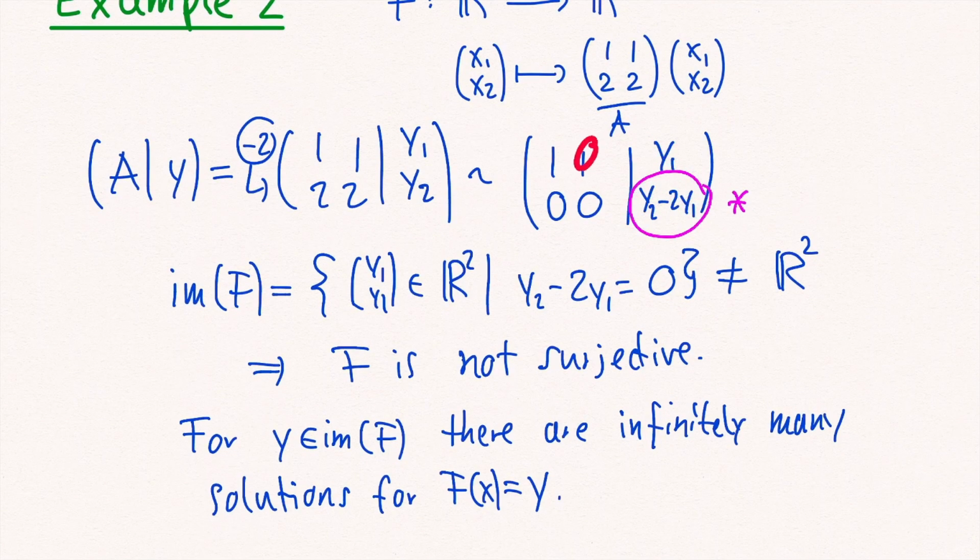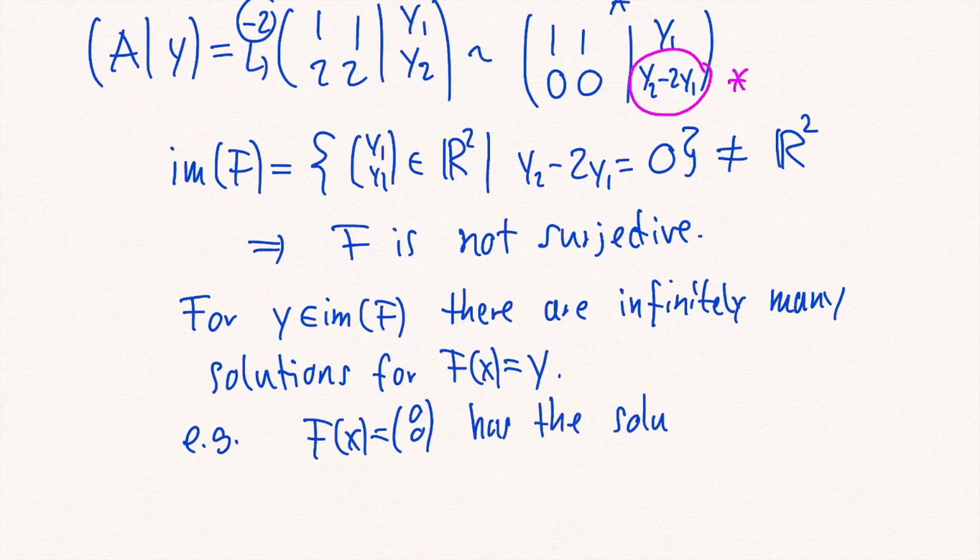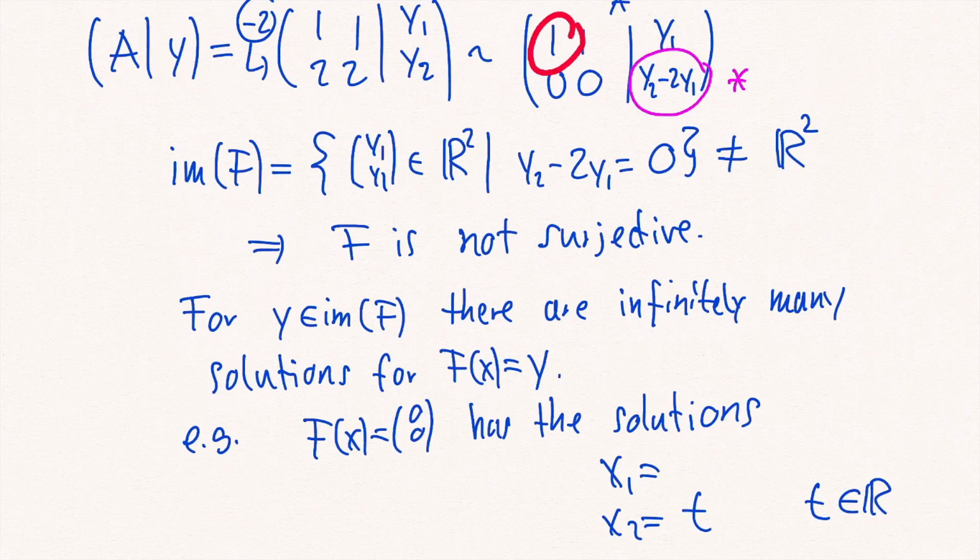Well, x2 I can choose arbitrary. Say, for example, f of x equals 0, 0 has the solutions, well, x2 I can choose arbitrary, so let's say this is some t, and here x1 is just minus t.